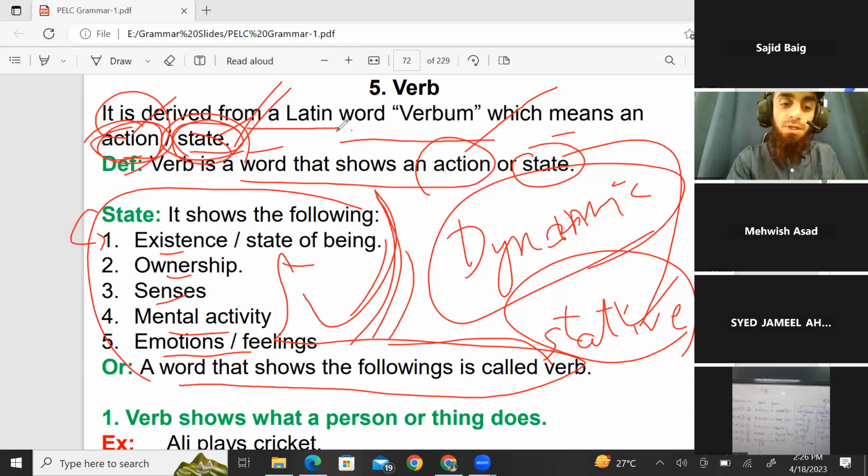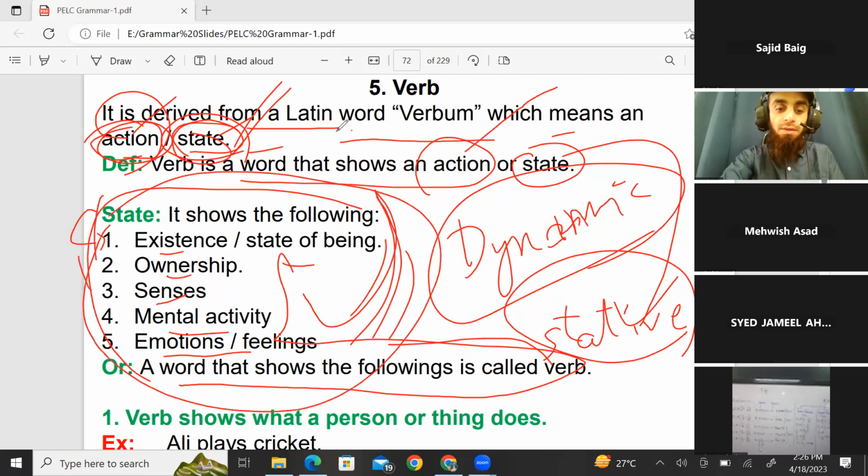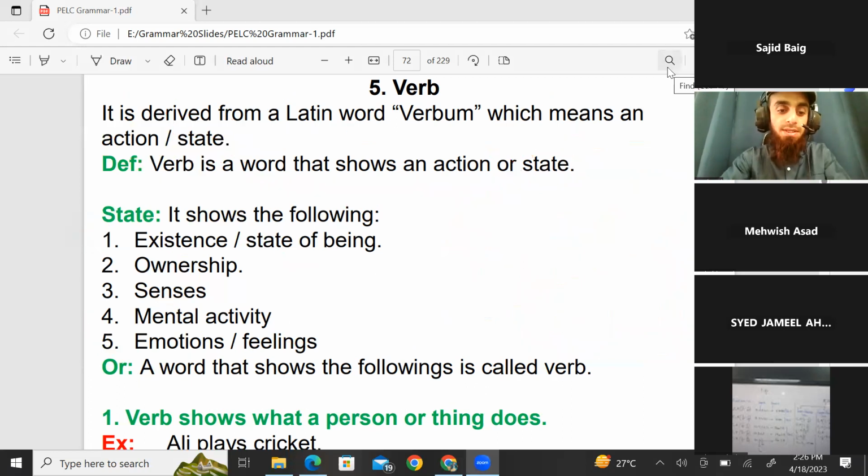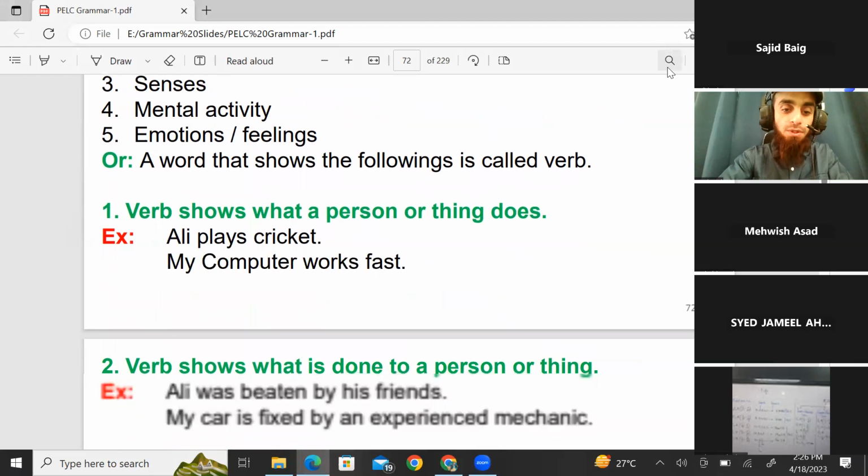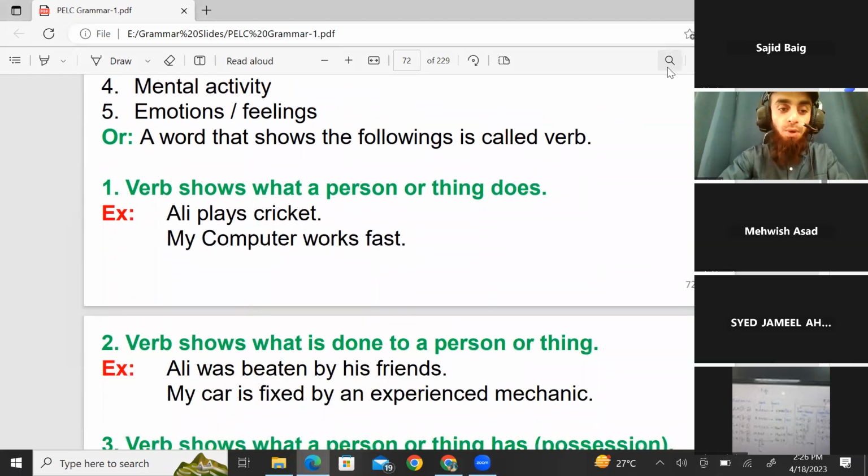In adverb we studied that an adverb modifies another adverb, an adjective, a verb, a phrase, a clause, or a sentence. Same goes for verb. If these were shown to you in a sentence, the word that shows them would be called a verb in English grammar, in parts of speech.